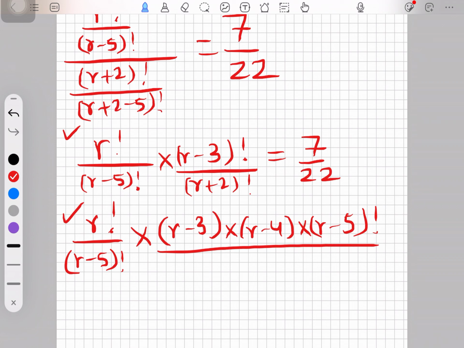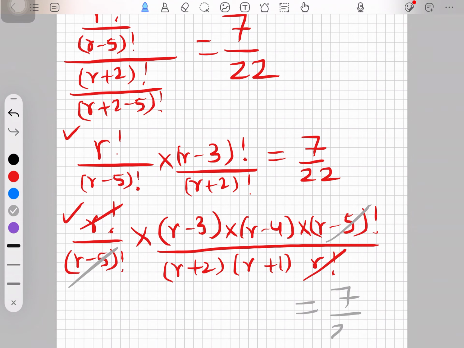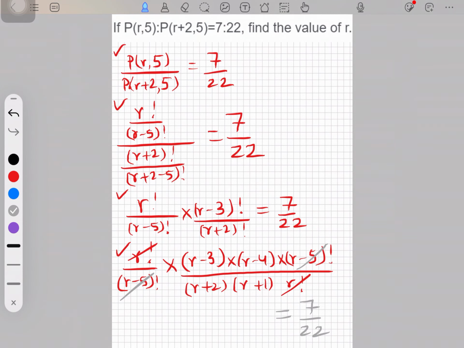Now let's look into the denominator and change it as well. Why I did that is because this cancels this and this cancels this. So we got rid of the factorial sign, and this is equal to 7 over 22. Now it's just simple algebraic multiplication. Let's go to the next page, and let's cross multiply as well.